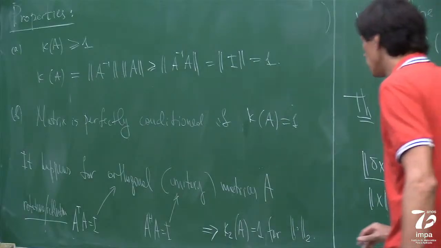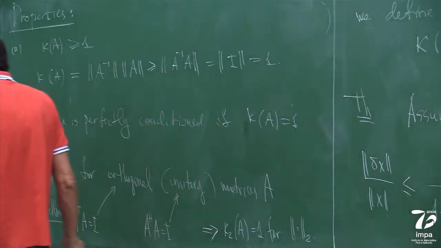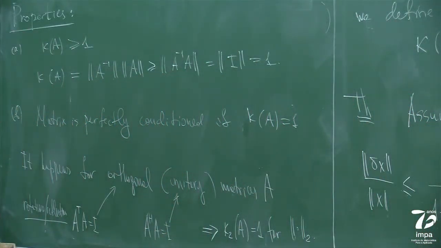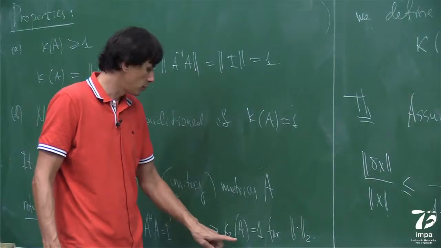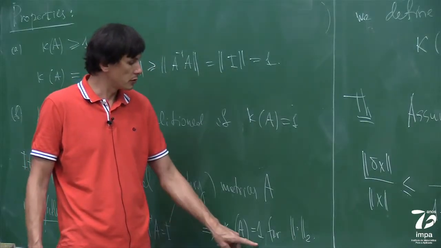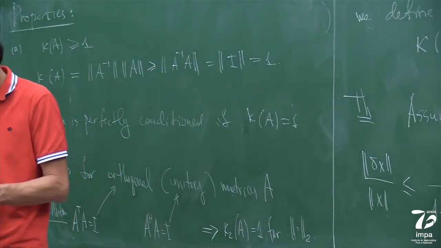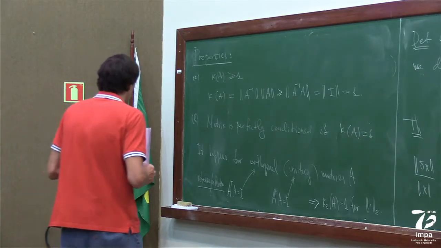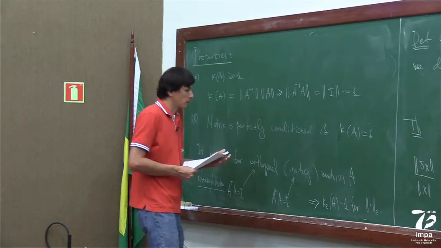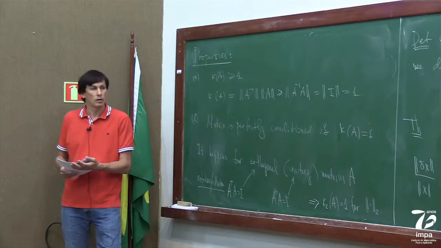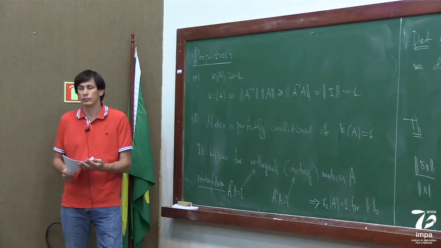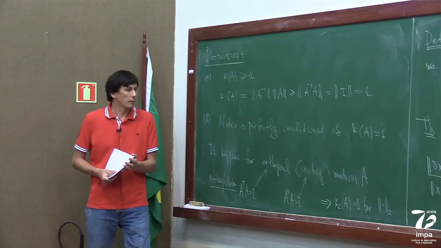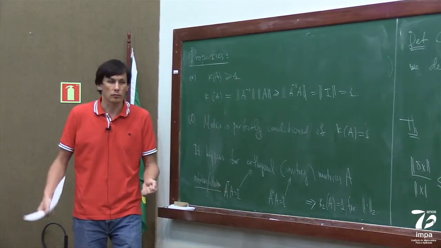This is a rotation with respect to the Euclidean norm, so it's an isometry, and when you compute the condition number with respect to that norm, it's 1. That's why orthogonal matrices are very nice for computation, because they do not amplify errors. You don't worry about errors if it's orthogonal or unitary.